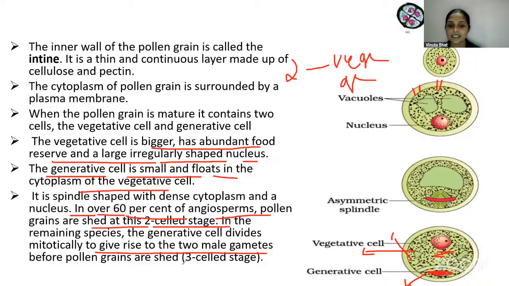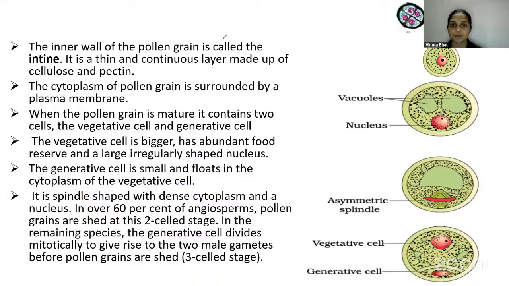Two-celled stage means vegetative cell and generative cell. Three-celled stage means the generative cell produces the two male gametes before the shedding.